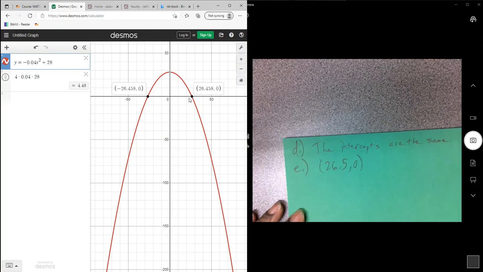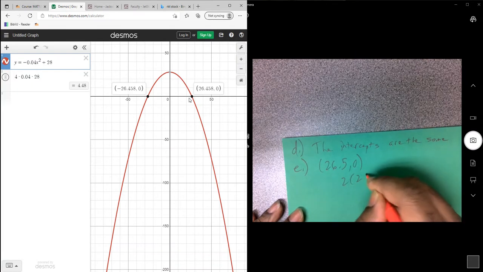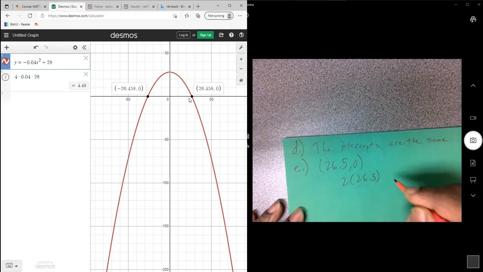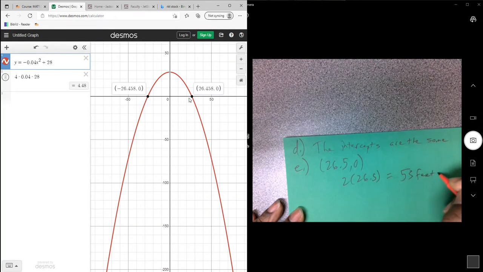So we would not include the negative sign. What we would do is multiply this by 2 because it's equal distance. So 2 times 26.5 gives us 53 feet wide.